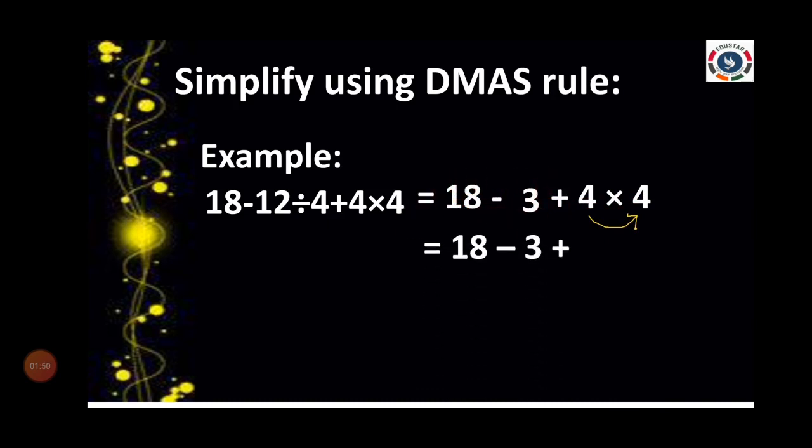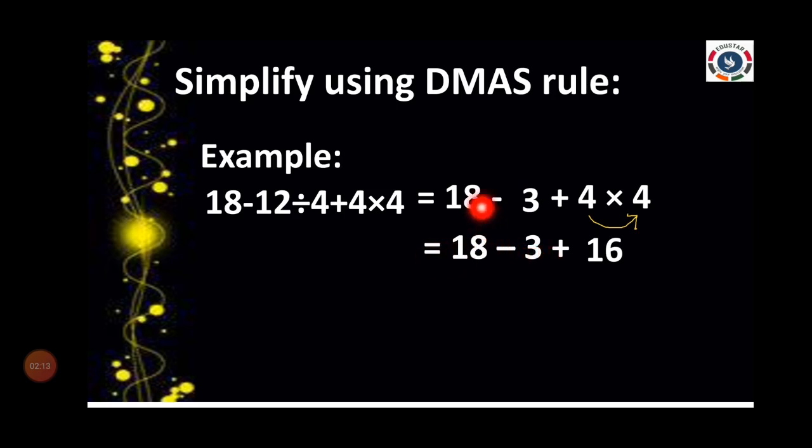So equal to 18 minus 3, no change at all. Write the plus symbol also. Now we multiply these 2 values: 4 into 4 is 16, that we write. Division is over and multiplication is over.